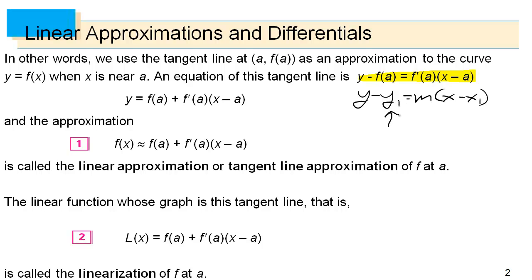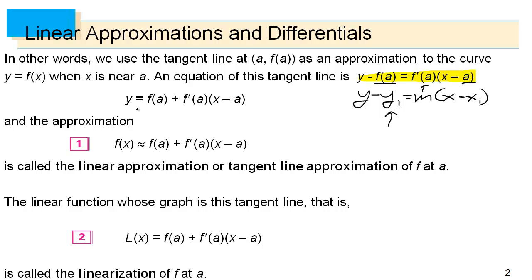Here, y1 is the y value, the f of a, and then x1 is just a. So all they're doing is rewriting this standard point slope formula in terms of a particular point a, and then of course the slope is the derivative evaluated at that point a.